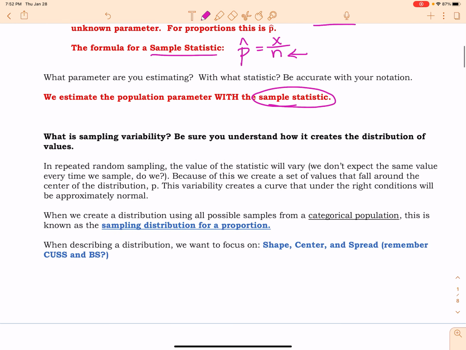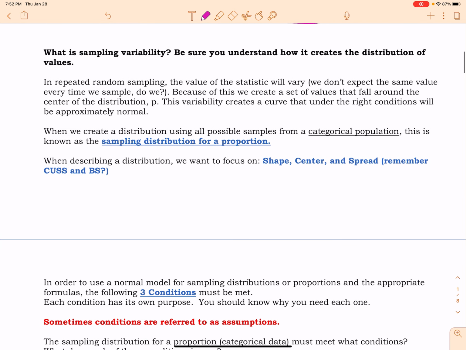And of course, when we sample, we are going to get sampling variability, which is perfectly acceptable and actually necessary in order to look at a distribution. If you'll notice here, I've written that in repeated random sampling, the value of the statistic will vary.